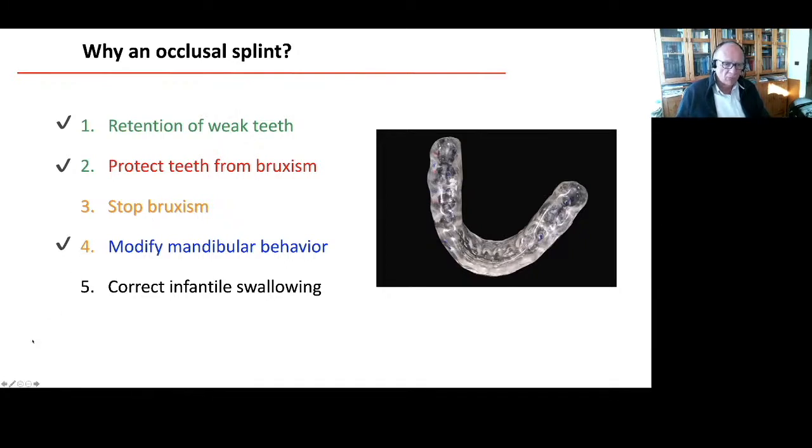To stop bruxism, no. No. To reinforce the counseling concerning the modification of the behavior, yes. To correct the swallow, no. To balance the occlusion, yes, with a patient with a clearly unbalanced occlusion.